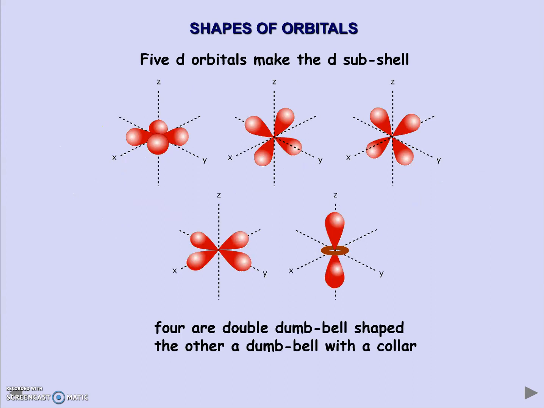The d orbitals, there are 5 of them now, and these are quite strange in shape. There is some double dumbbell, and then there's the dumbbell with the collar. Again, you don't need to know the names, you don't need to know where the relative positions are. You just need to know that there are 5 orbitals in the D subshell.